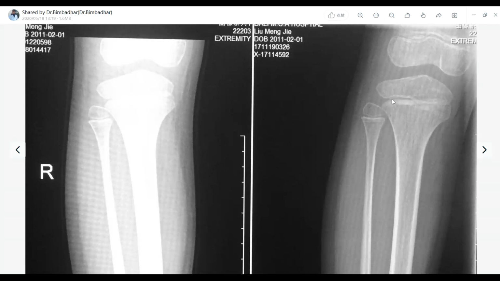It is continuous. There is no separation between the metaphysis and the diaphysis. But there is a discontinuity between the epiphysis and the metaphysis, appearing as a hyperlucency that is shown symmetrically. It is present on the proximal end and also on the distal end.